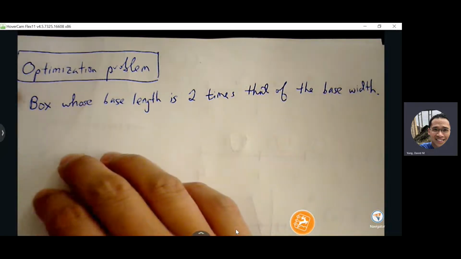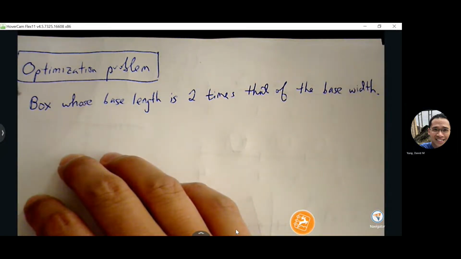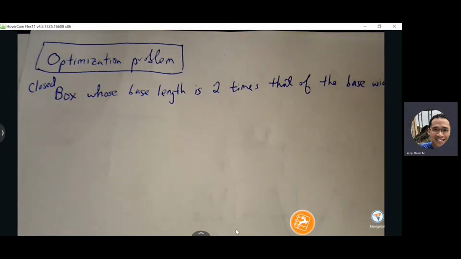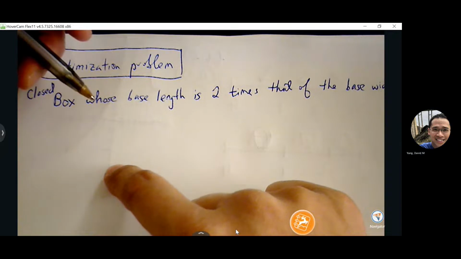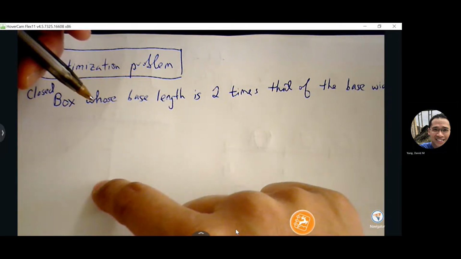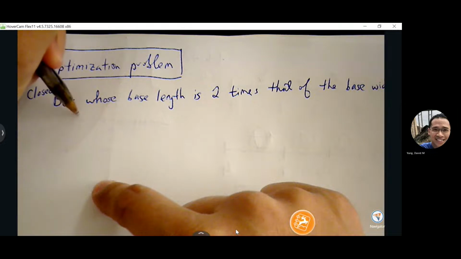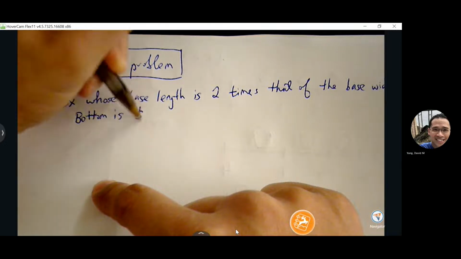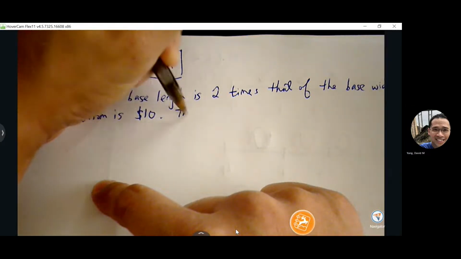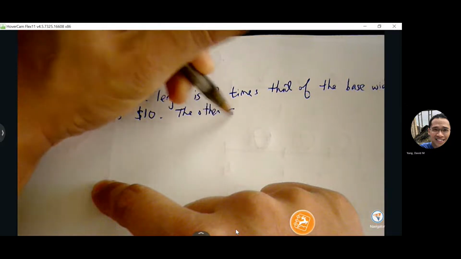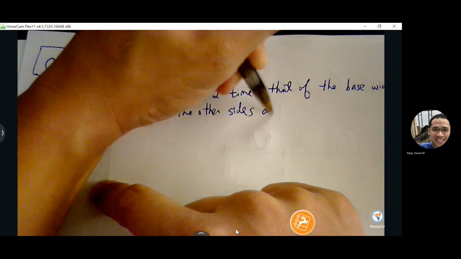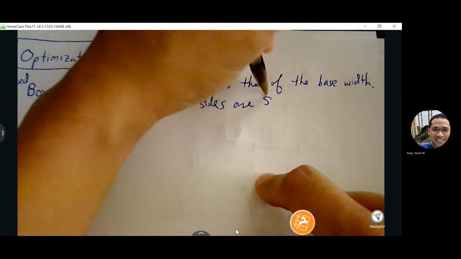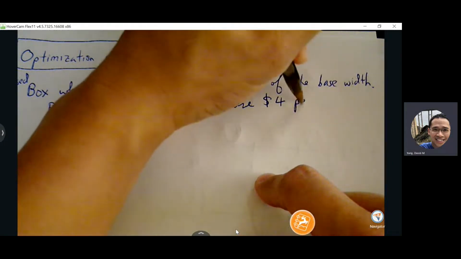This is a closed box, which means how many sides is there going to be? 6 sides. So the bottom is most expensive, and the other sides are $4 per square foot.